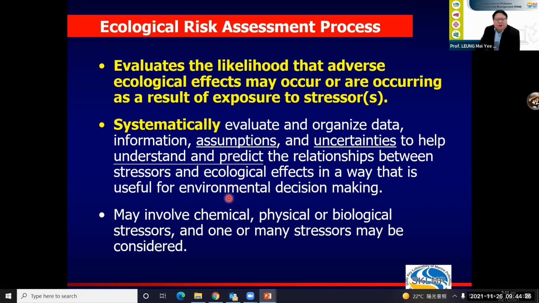So we can use these tools to cover all kinds of stresses: chemical, physical, and biological, okay? Chemical pollutants, physical stresses like hot water or radioactivity, and for biological, like pathogens and viruses, we can also make use of this ERA too.